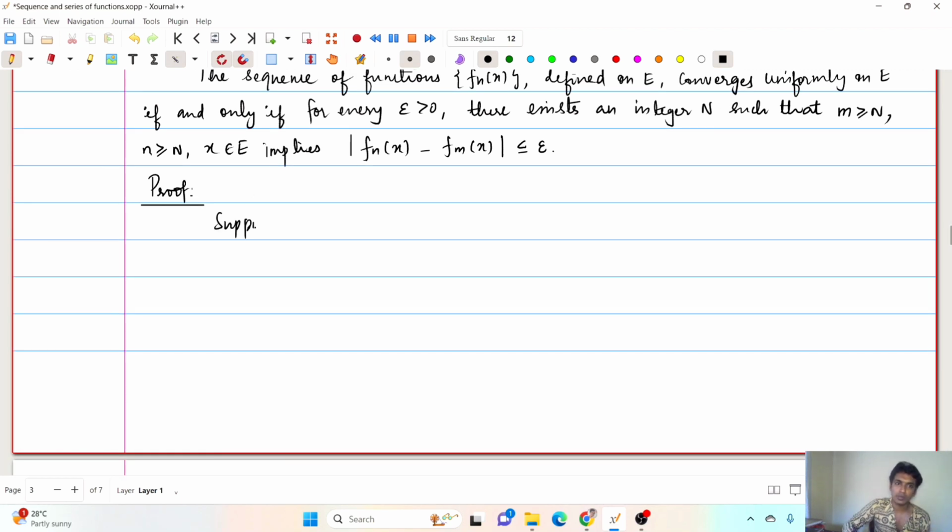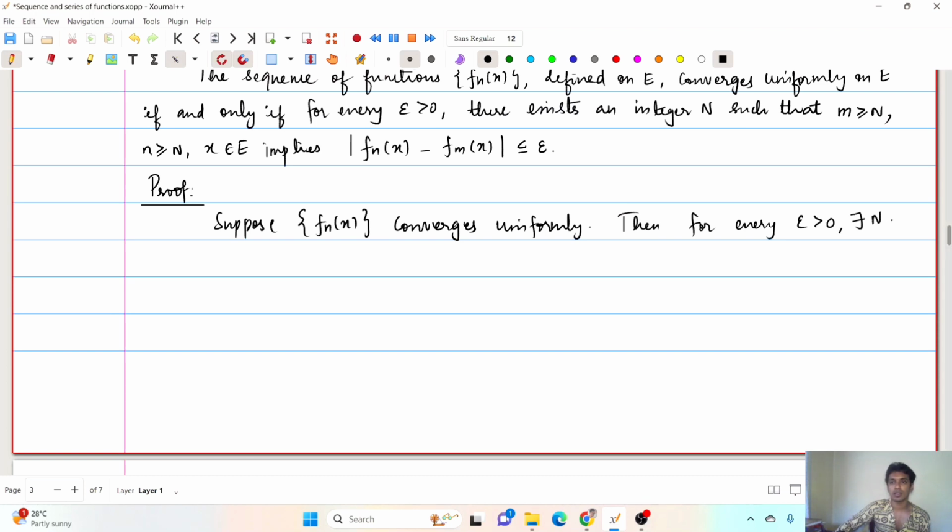Now let us suppose fn of x converges uniformly. Then for every epsilon positive there exists N such that absolute of fn of x minus f of x is less than epsilon upon 2 for n greater than or equal to N. I just applied the definition of uniform convergence.